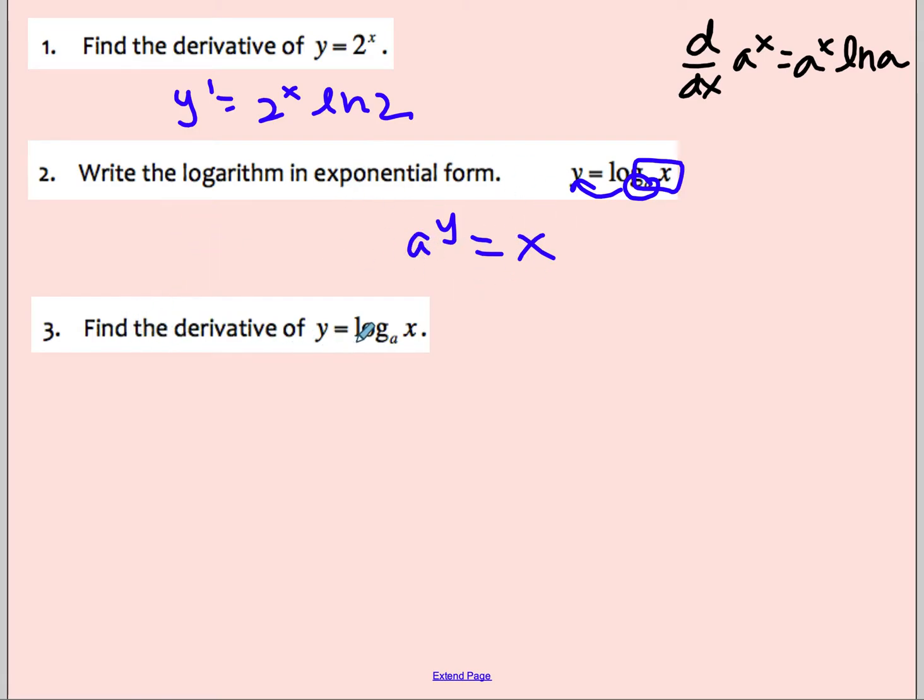It says find the derivative of y equals log base a of x. Well, I don't know the derivative of log base a of x. However, I do know the derivative of things like a to the y, so I can use this idea. What I'm going to first do is write it in exponential form.